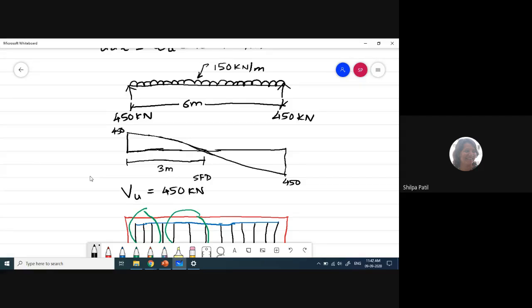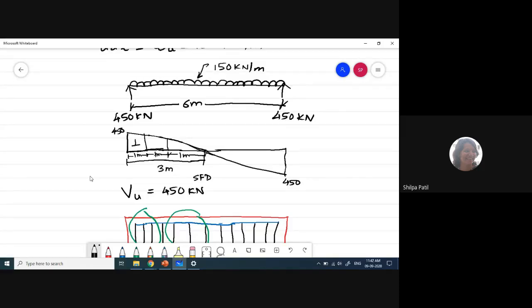This 3 meter part of the beam I am dividing into 3 equal parts, 1 meter each, and for each 1 meter span I am going to design the shear reinforcement by providing a different spacing.